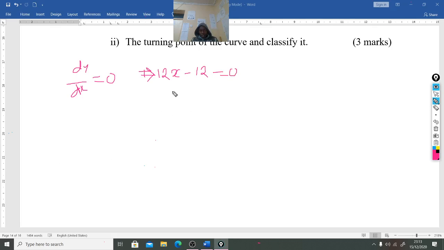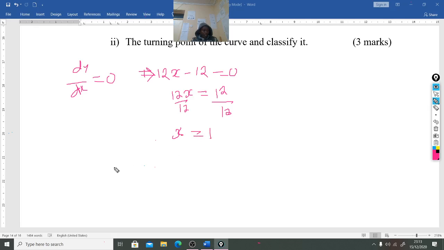So from there, 12x equals 12, so x is equal to 12 divided by 12. So x equals 1.